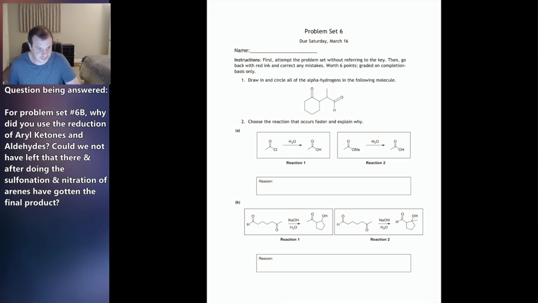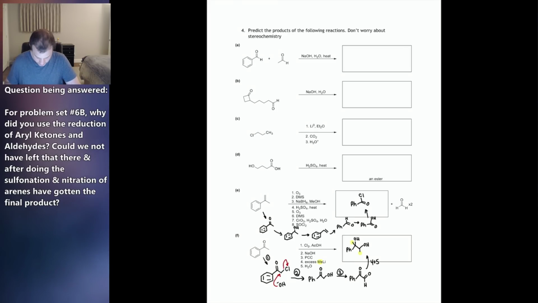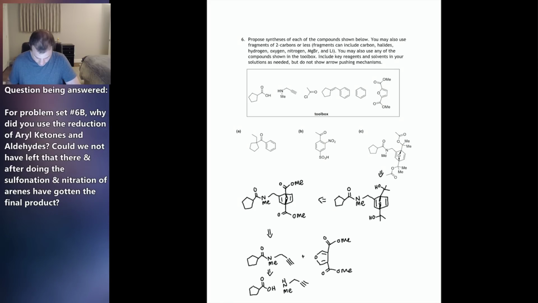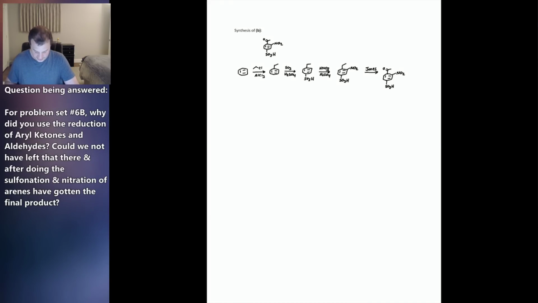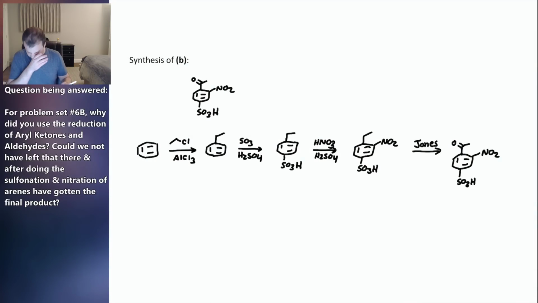Problem set number 6b. Oh, synthesis 6b. So your question is, why did you use the reduction of aryl ketones in aldehydes? Could we not have left that there after doing the, have gotten the final product?